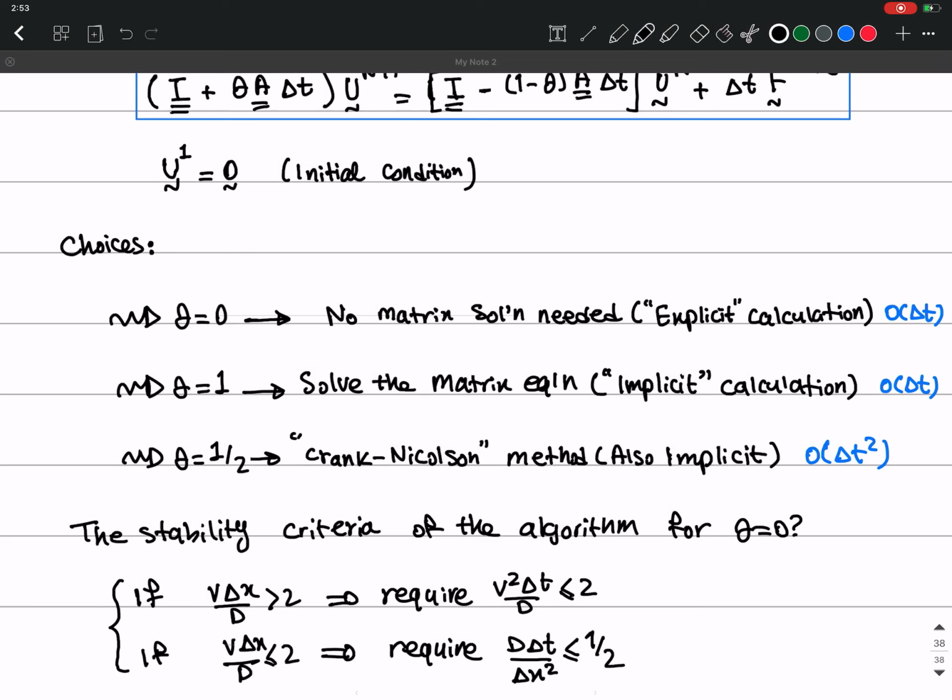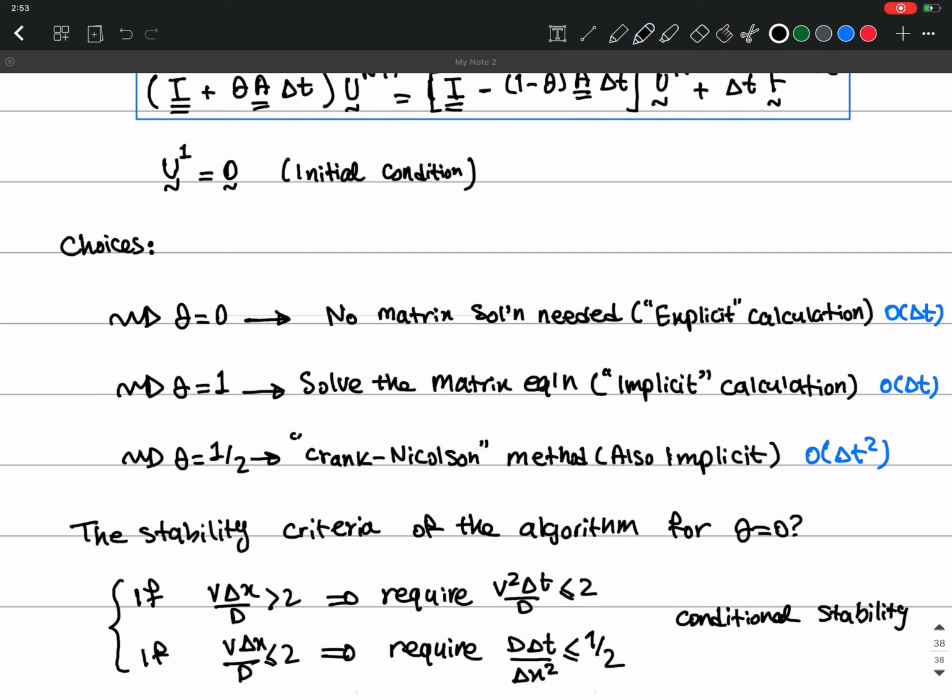So this is the stability criteria for this algorithm and how the stability could be achieved. So it is a conditional stability. I'm not going to go through how this can be found. You can find it by using Taylor series and Taylor approximation.